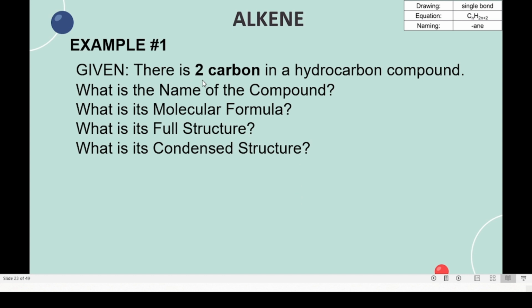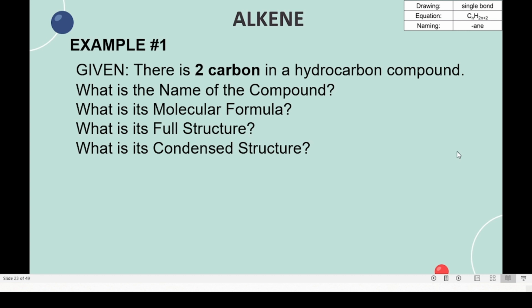Okay, let's have an example. The given here is a compound, specifically an alkene compound, that contains two carbon atoms. Now, identify the name of the compound, its molecular formula, and draw its full structure and condensed structure. So these are our missions. Let's go first to getting the name.